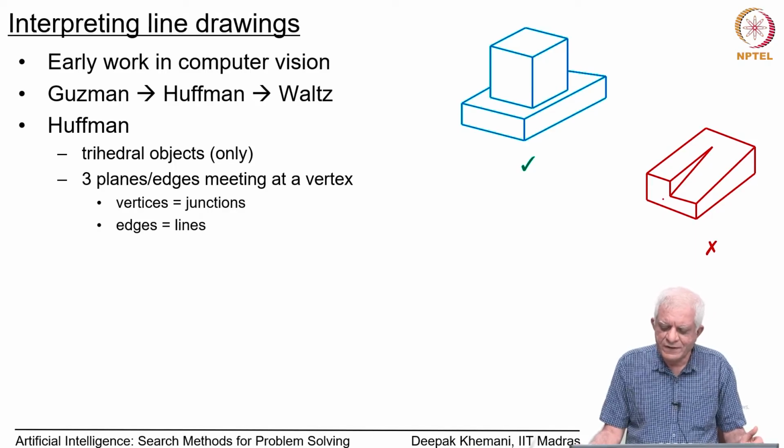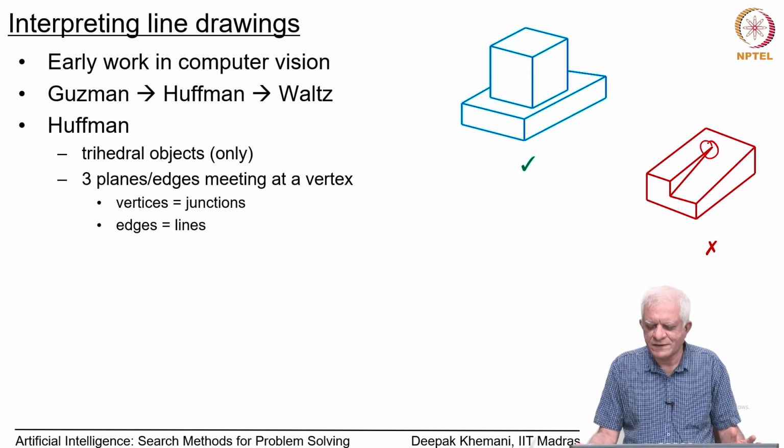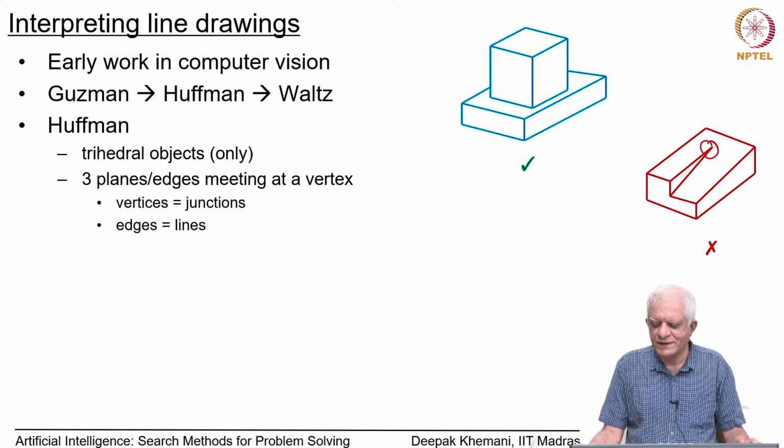Why? First of all, it should be planes, it cannot be curved edges, and secondly, we had this constraint of 3. So, if you imagine the top surface of the object on the right, and particularly if you focus on the fact that there is a vertex which has only 2 edges coming in to meet together, you can see that the top surface is not a plane, it has some kind of a weird curved surface in which an edge cannot be seen.